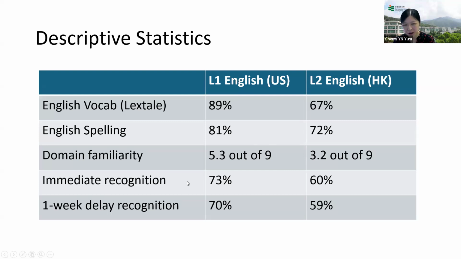And finally, of course, the more important outcome is the learning performance, which is the immediate recognition, 73 versus 60%, and the delayed recognition task, 70 versus 59%. So we see that across the 1 week, the difference is not very big, only 1 to 3% on average, but the group difference is certainly there.